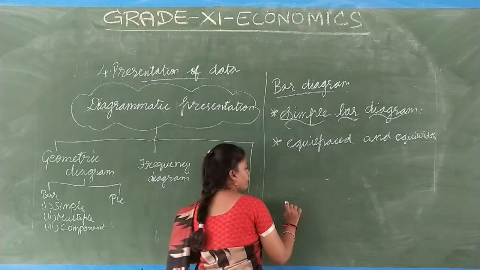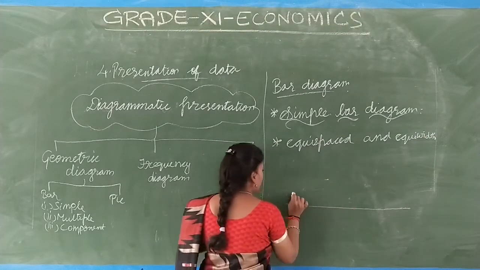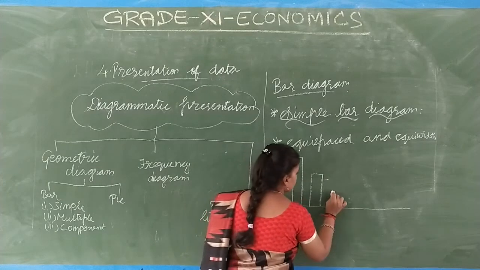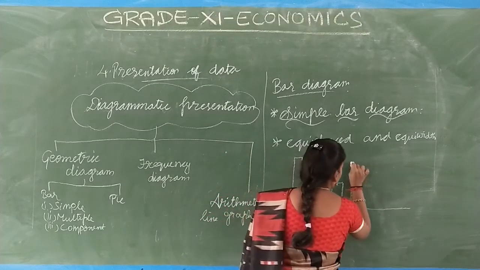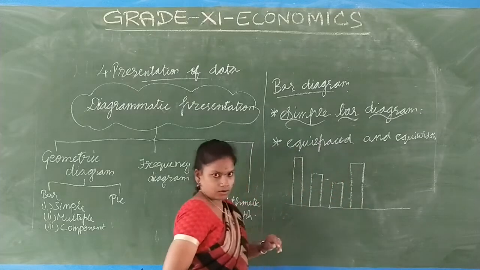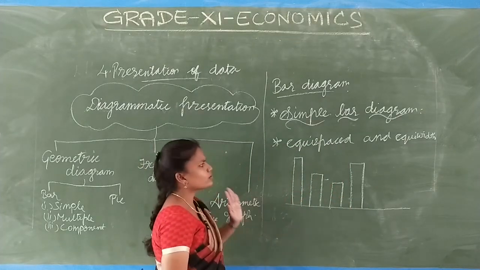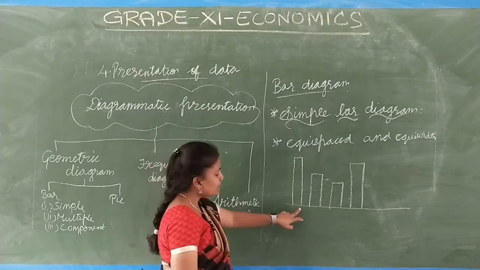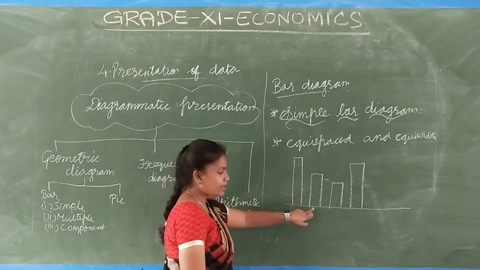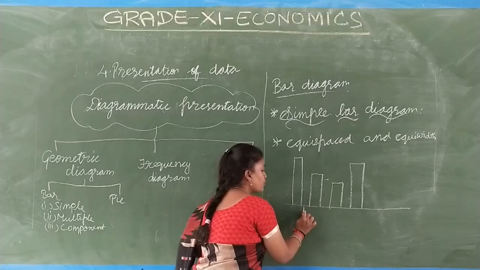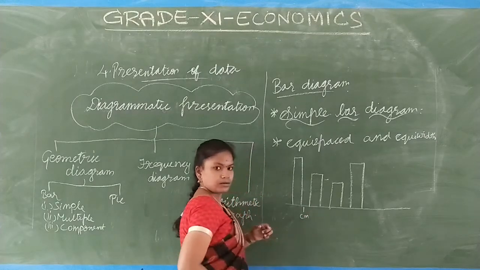For example, when you have a bar diagram like this, it should be equispaced and equiwidth. What do you mean by equispaced? The space between this bar and this bar should be the same. For example, here you have 1 centimeter difference.